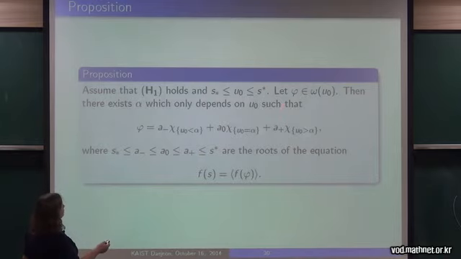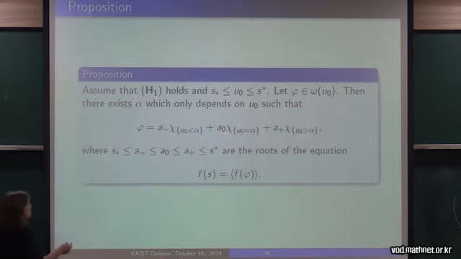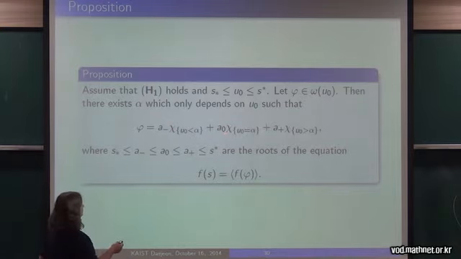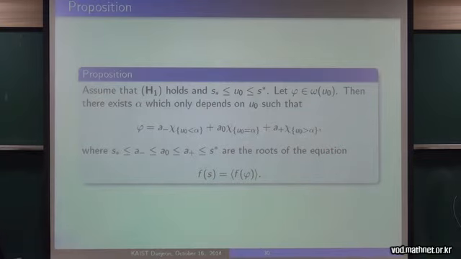If phi is in omega of U naught, then there exists alpha which only depends on U naught, such that phi equals A minus times the characteristic function of the set of points where U naught is less than alpha, plus A naught times the characteristic function of the set where U naught is equal to alpha, plus A plus times the characteristic function of the set where U naught is larger than alpha, where, again as before, A minus, A plus, and A naught are the roots of this equation, f of s equals average of f of phi.